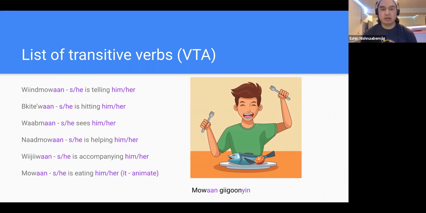So even when it's cooked, or other foods like potato or an apple, those foods that are considered animate, you'd use this verb if you're explaining, oh, he's eating fish. In some dialects, the plural of fish is gigoyik. So then you just change it to gigoyin. And then use the moan. So moan or damoan gigoyin.